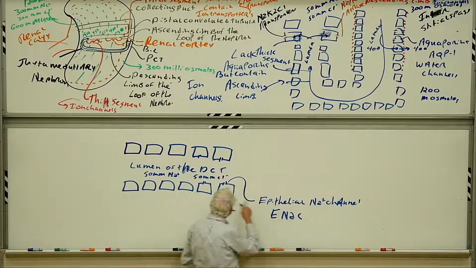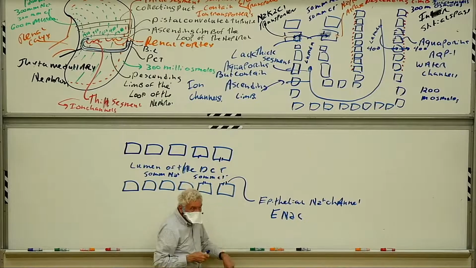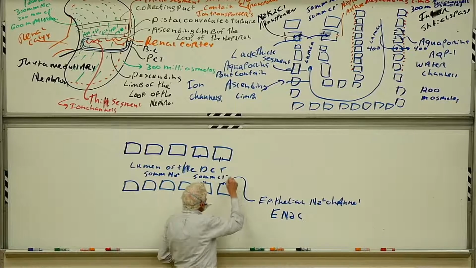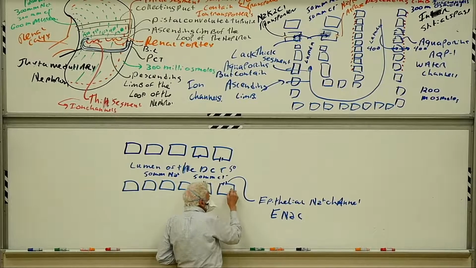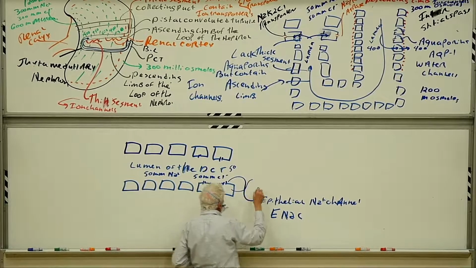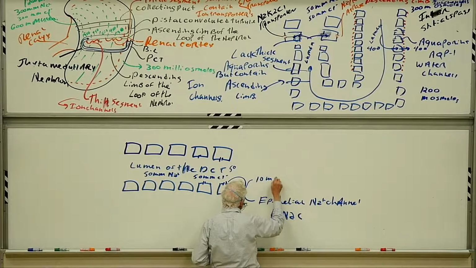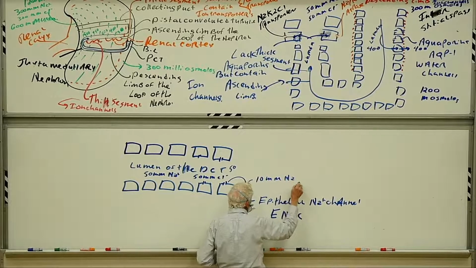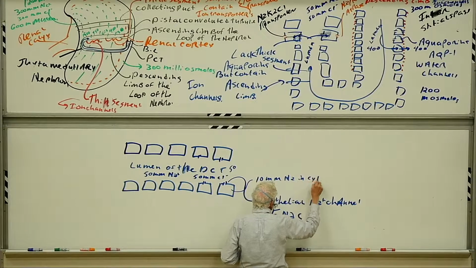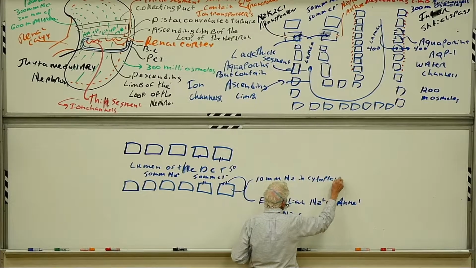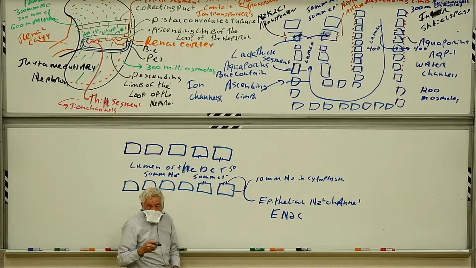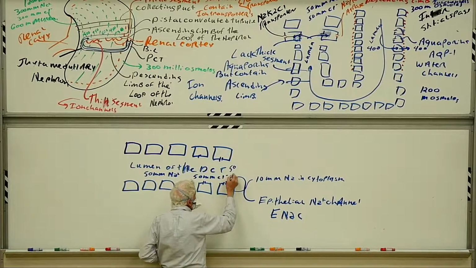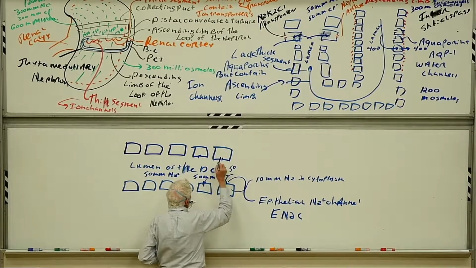So the ENaCs are out on the apical surfaces. Remember the concentration of sodium. We never get concentrations outside the range of about 10 millimolar sodium in the cytoplasm. What this is telling us is that we can simply use the gradient. We have about 5 times as much sodium on the outside as the inside, so we can simply allow the sodium to move down its concentration gradient.